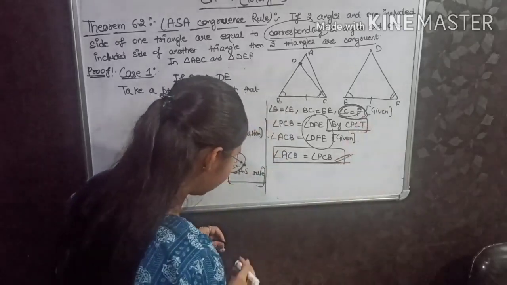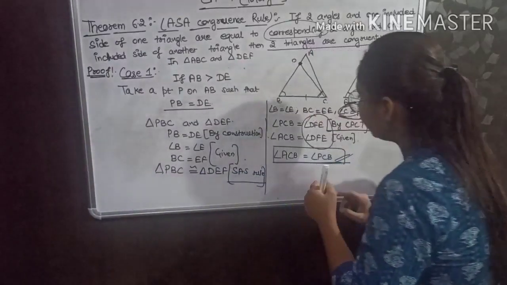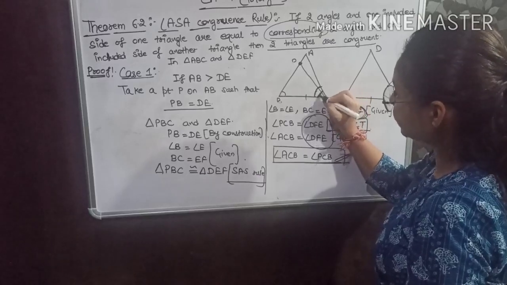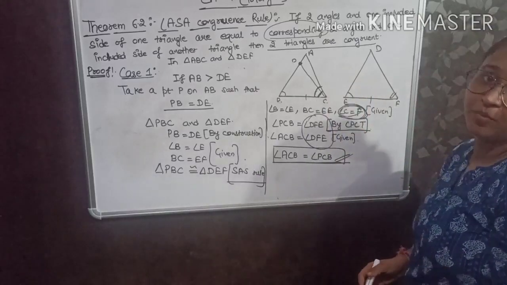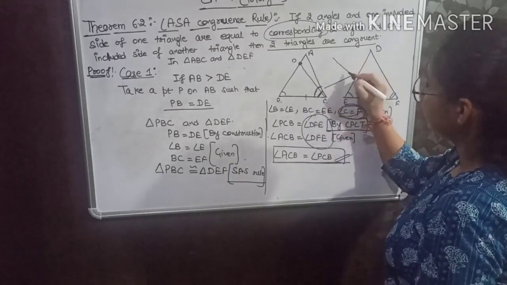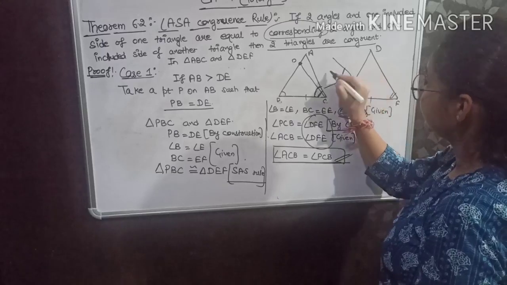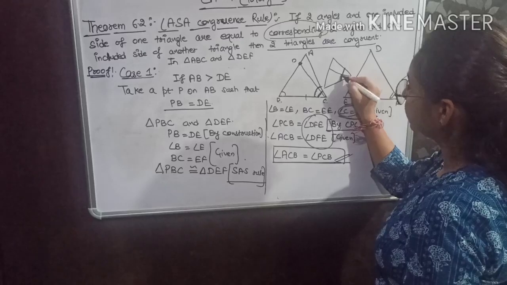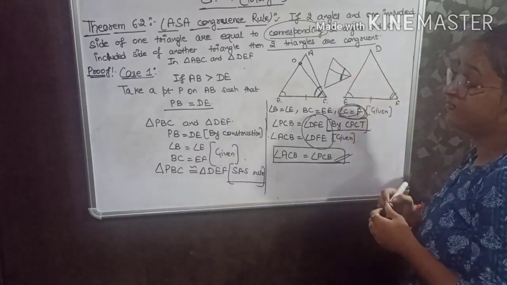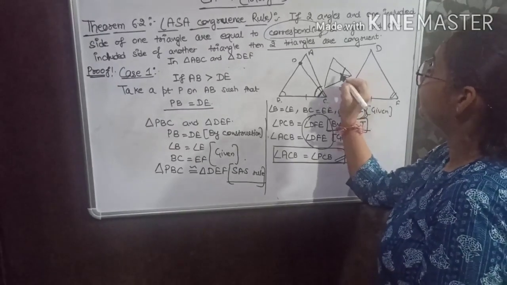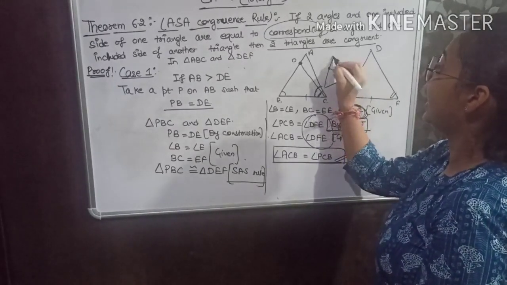It is very important to understand now: if angle ACB, this complete angle, is equal to this small angle, when will it be possible? I am saying this complete angle is equal to this smaller angle. When will it be possible? It will be possible only when this point will be at this point.